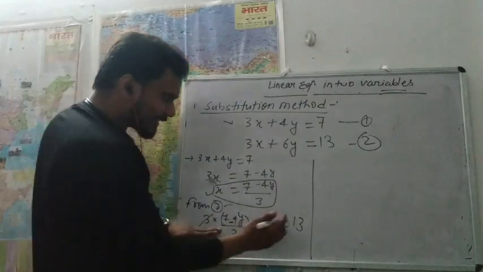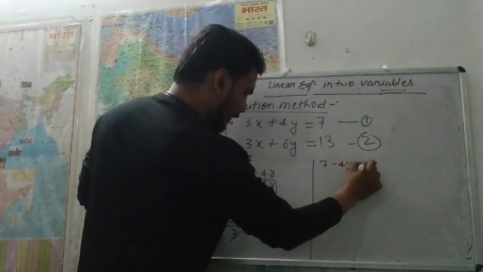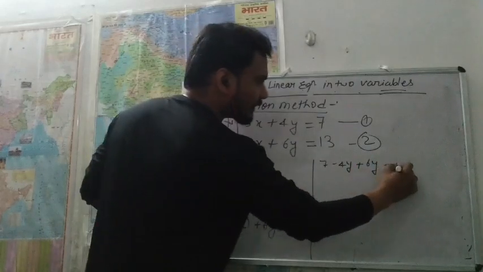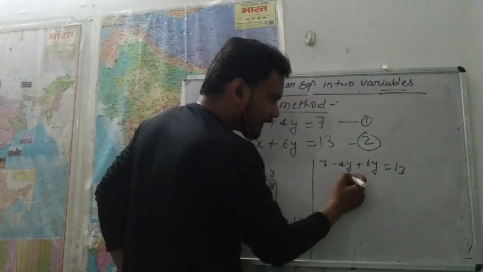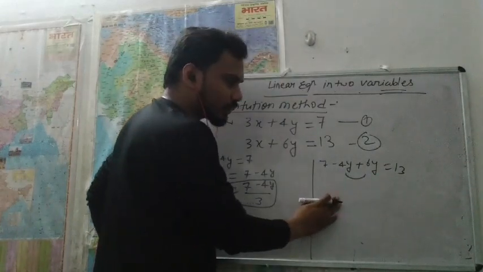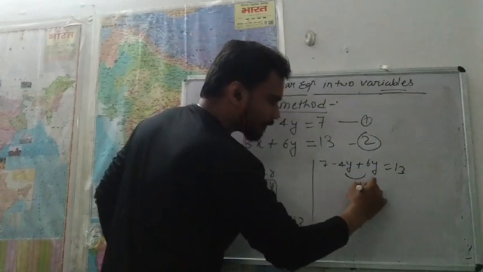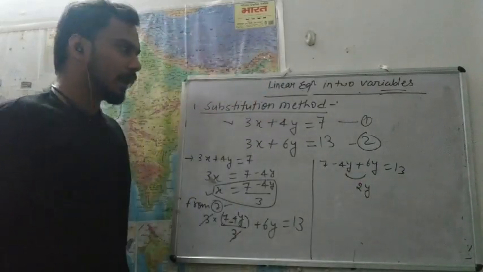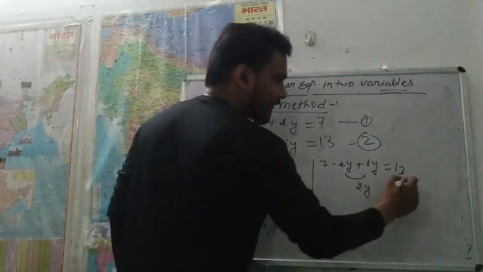After calculation, 7 - 4y + 6y = 30. Here 6y minus 4y gives you 2y, and the rest is 30 minus 7.